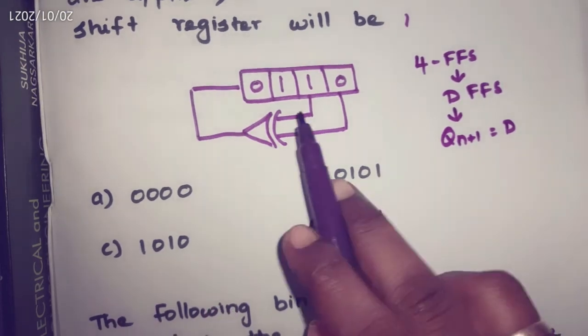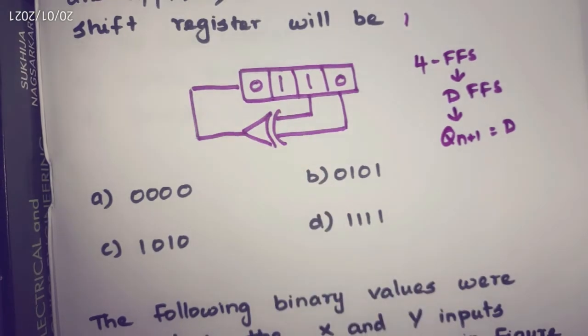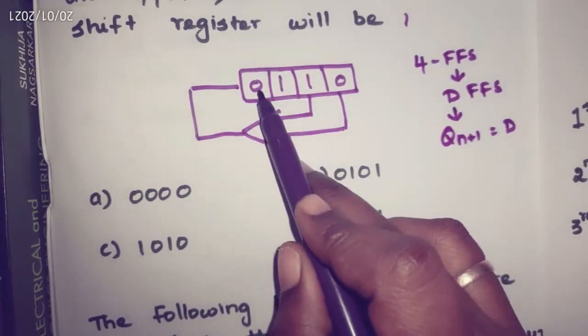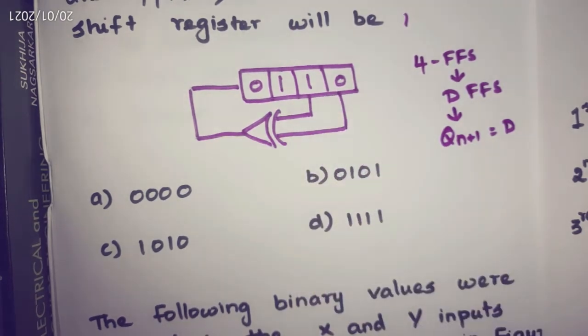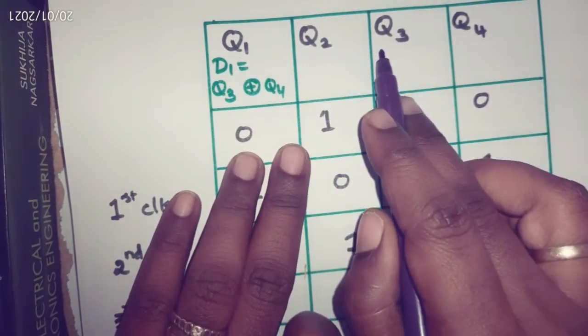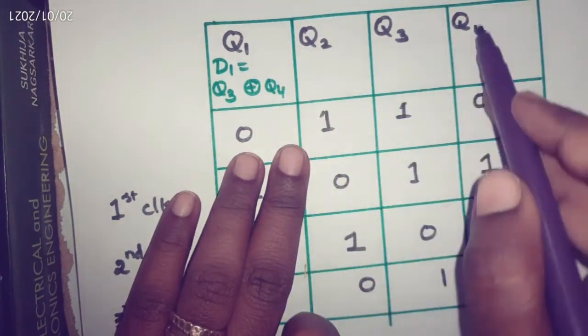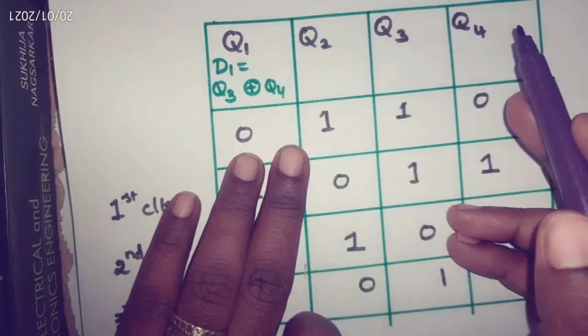Okay. So here each bit represents one flip-flop. You can take the first one as the first flip-flop. So the outputs are Q1, Q2, Q3, Q4. All are D flip-flops, so what is present at the input will appear at the output.